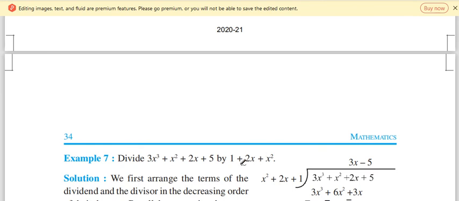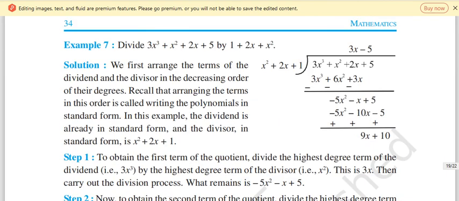In this case, we must first arrange the terms in descending order. Arranging the terms in descending order means here x cube, x square, x, plus the constant term. This is our descending order, 3, 2, 1, 0.